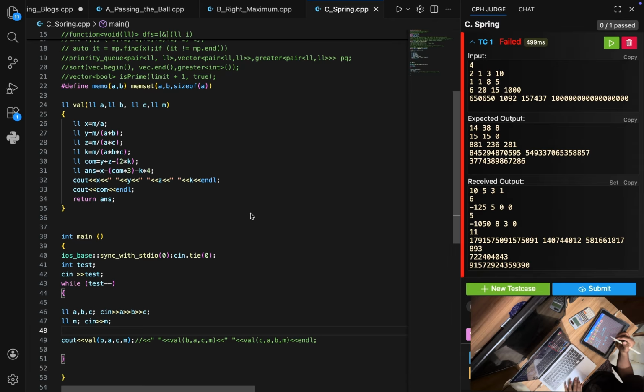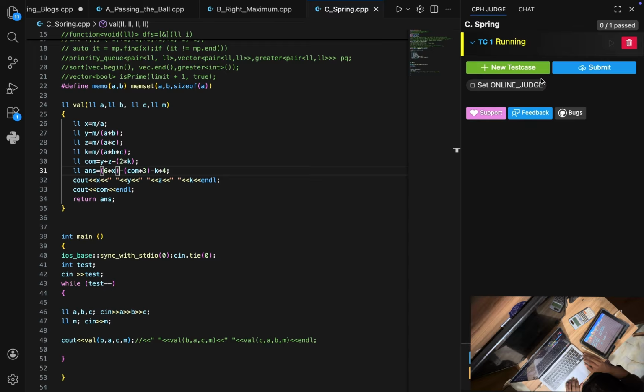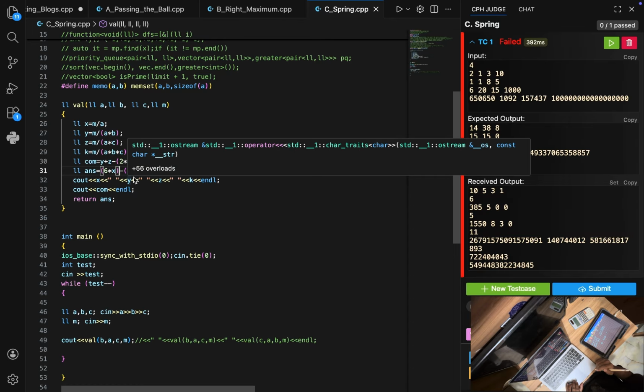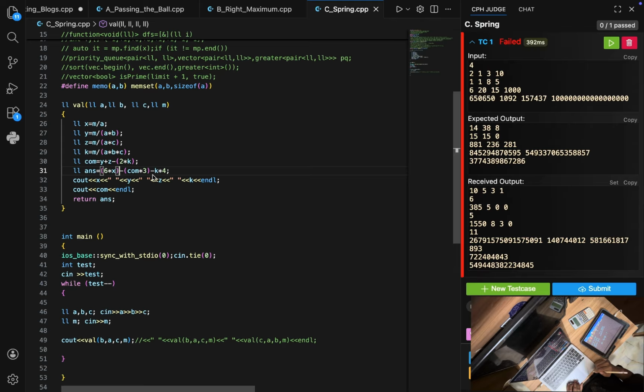6 also correct. Then I'm doing into 6. I haven't done into 6. 6 into x. Okay, 6 into x. 60 minus 3 into 6. 3 into 6 minus 4 into 1.